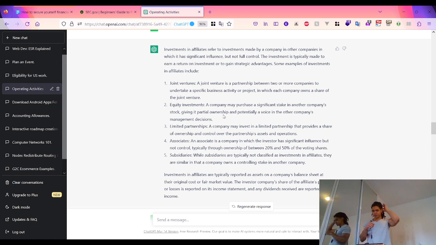Equity investment is when a company purchases a significant amount of stake in another company's stocks, giving it influence and potentially a voice in the company's management decisions.